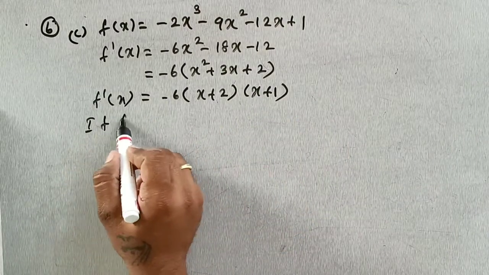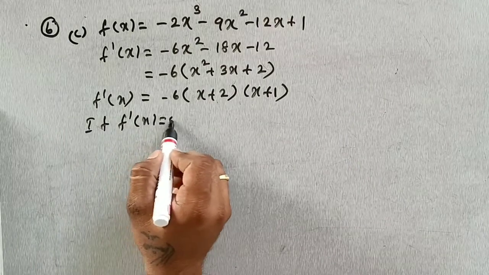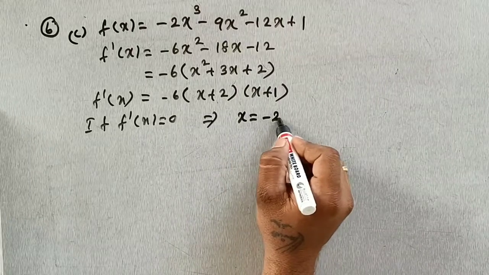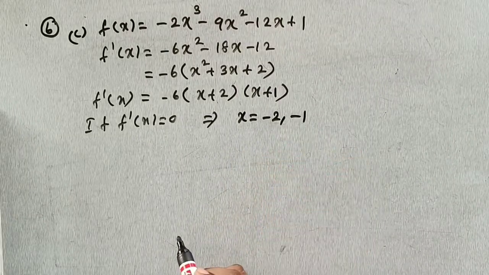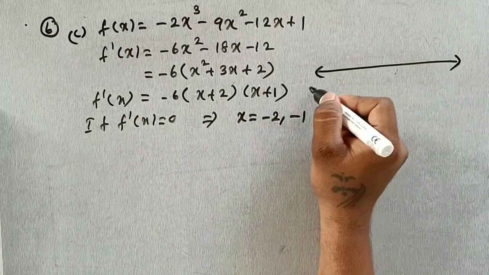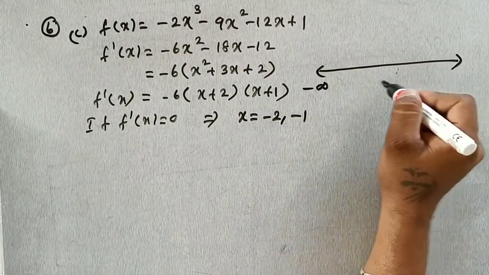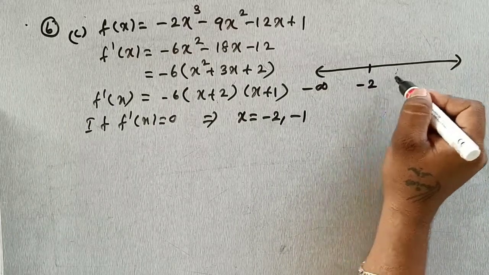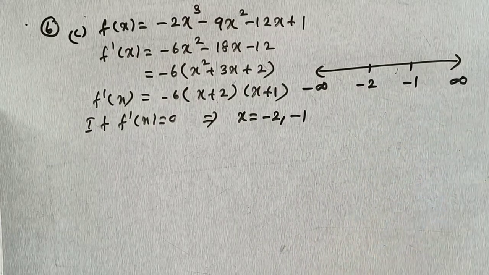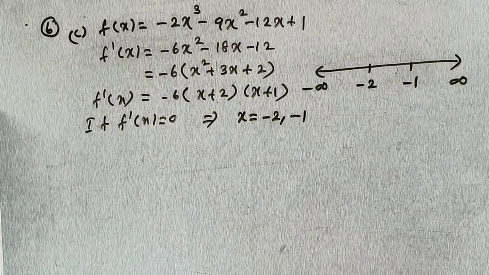If f dash of x equal to 0, this implies x value equal to minus 2, minus 1. So our number line will be split as minus infinity to minus 2, minus 2 to minus 1, minus 1 to infinity.